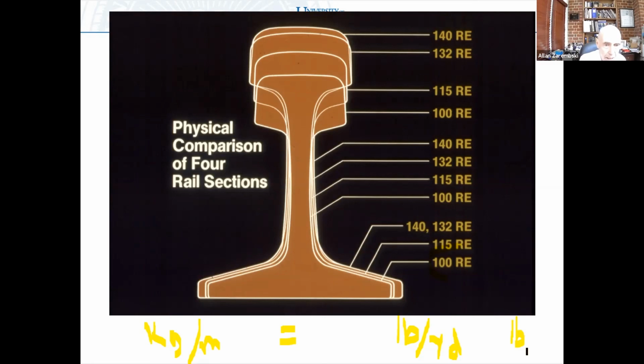And again, I'm being very careful to expose this to you, because for example, those of you who are working on metros, you're going to find references a lot of times to North American standards.